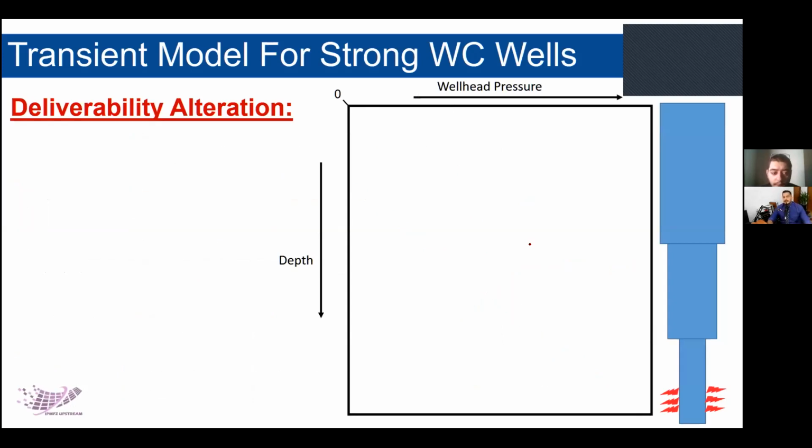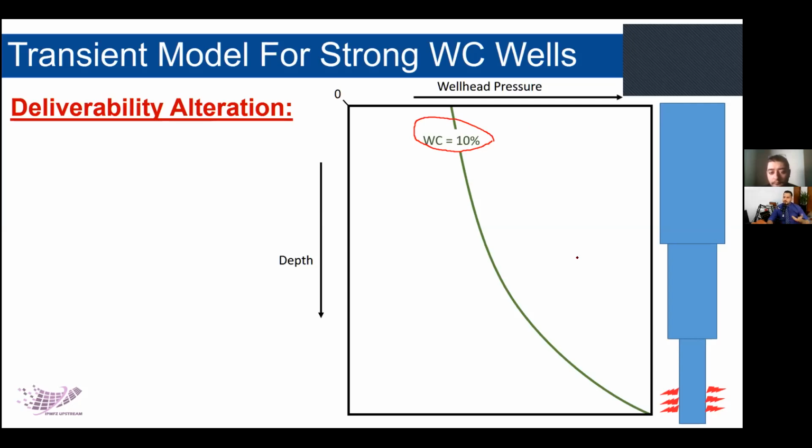The reason behind the well dying from water cut is very important to us as production engineers, because whenever you have more water cut, your well will eventually die. The reason is that it alters your traverse curve or deliverability curve. The green curve drawn here is for a water cut of 10%. This is not an actual curve, it is a replica curve, just to give you an idea. This curve has a nice curvature to it, and because of the GOR or the GLR, it gives you this curvature.